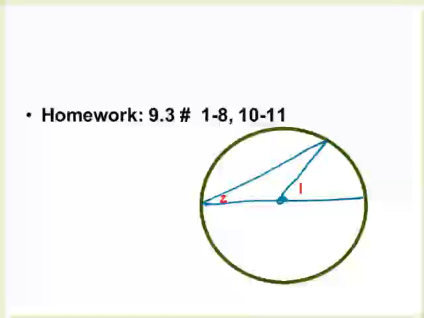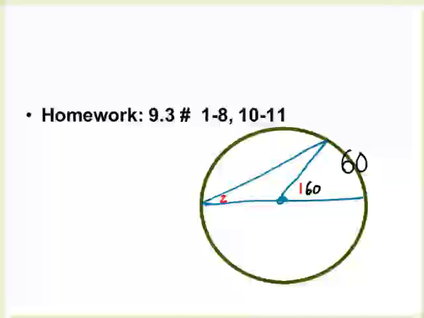So what you will be given in each question is an arc value here, let's say of 60, and asked to calculate the size of those two angles. How big is angle 1? 60, because a central angle should equal the arc.